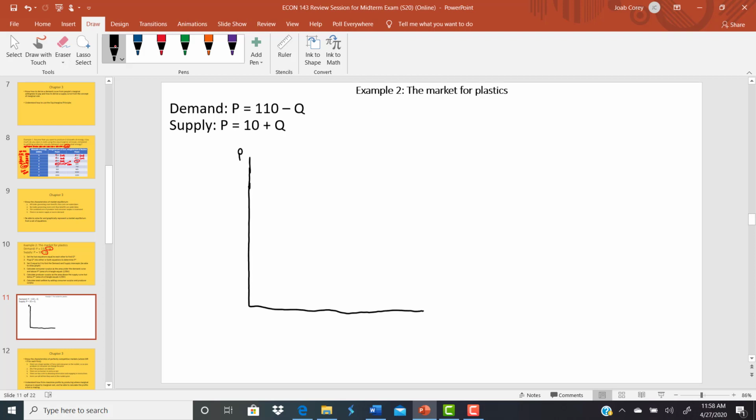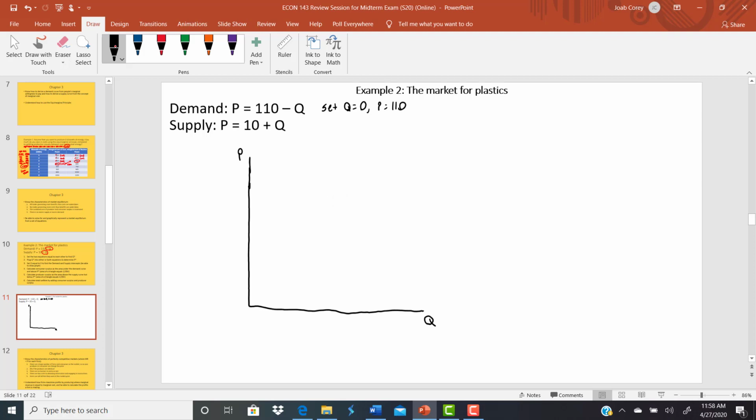Again, we got price and quantity, right? So we're going to have a downward sloping demand curve. We need to figure out where that demand curve is going to start on that graph. Again, we do that by setting Q equal to 0. If we do that, then we can see that price is equal to 110, right?